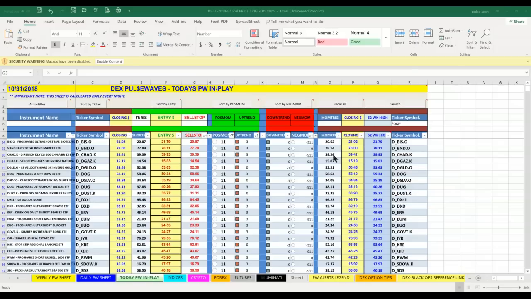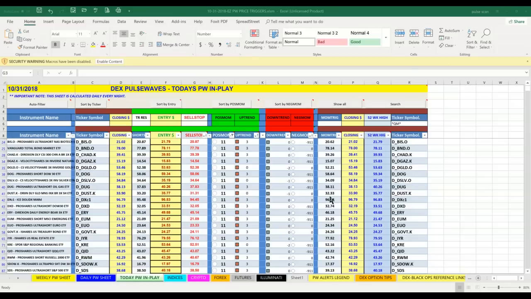Sometimes the momentum trigger price will equal either the entry price or the sell short price also. Sometimes they're the same. You just have to look and see if you find that. But yeah, you can enter on that. But I will be honest with you.